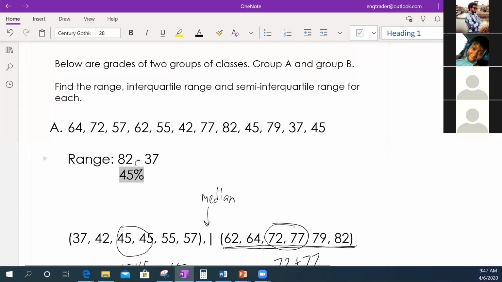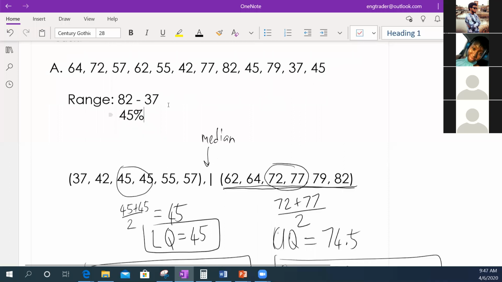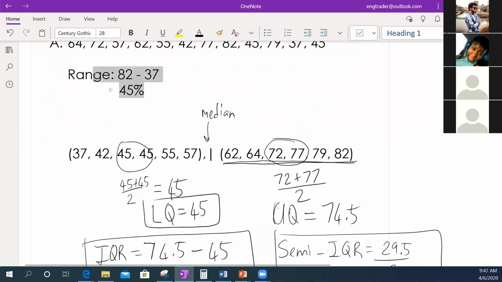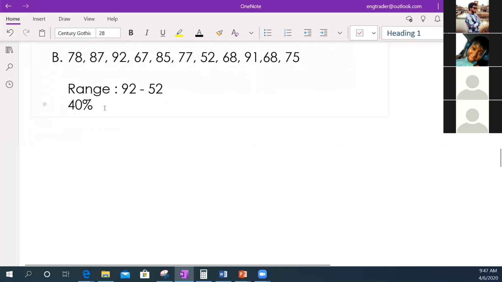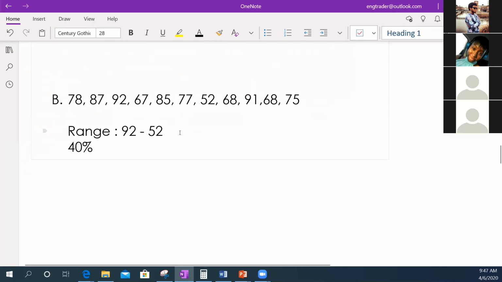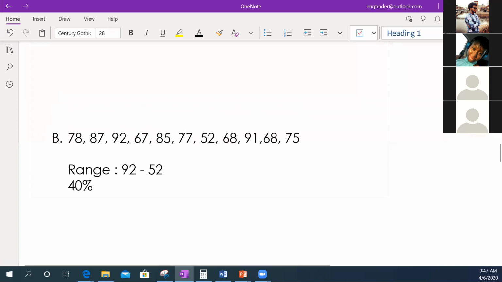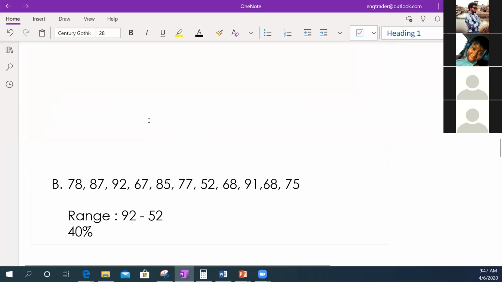So if you're comparing the two groups, you will realize that the data has a larger spread for group A than for group B. Most of the people in group B had a grade around the same area. It wasn't too far off. Everyone performed relatively well relative to how the entire class performed.